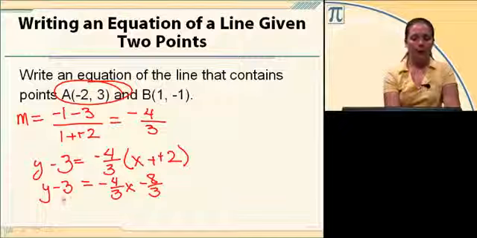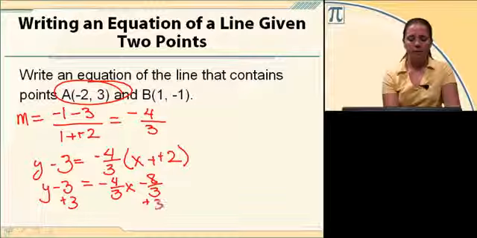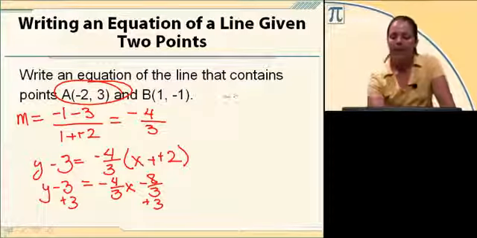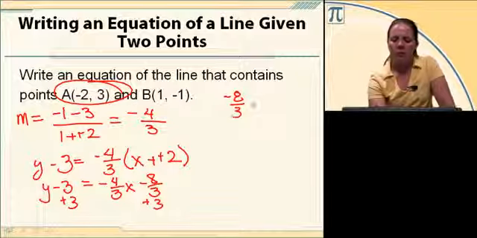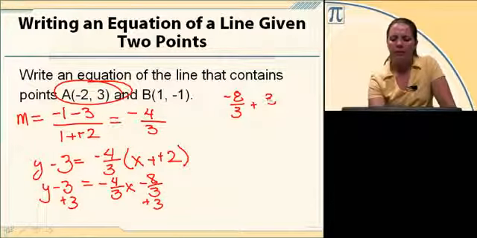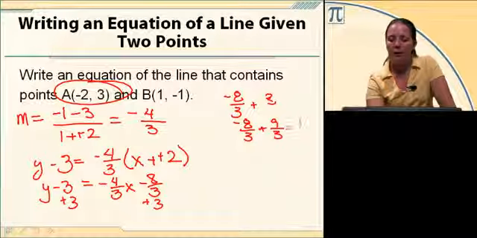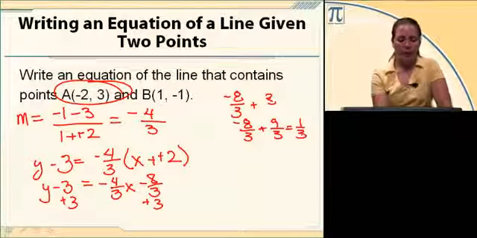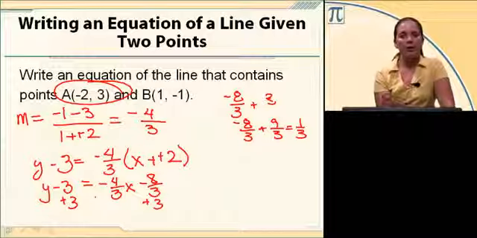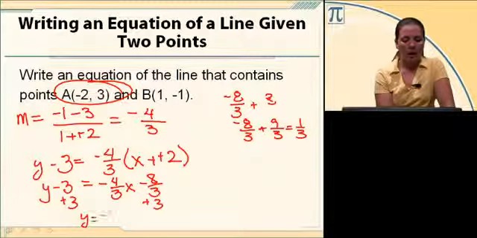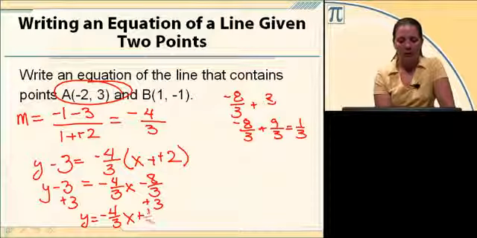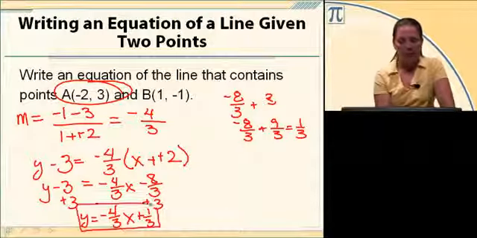If I add 3 to both sides, I've got negative 8/3 plus 3. So that's negative 8/3 plus 9/3, which is 1/3. So the equation in slope-intercept form is y equals negative 4/3 x plus 1/3.